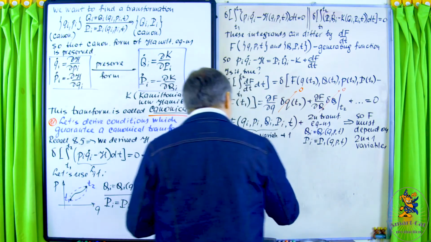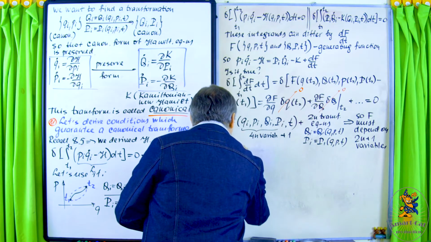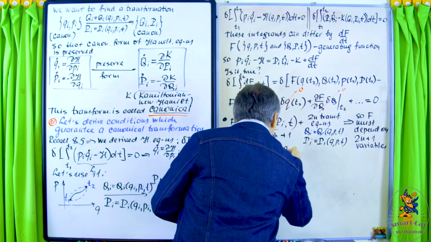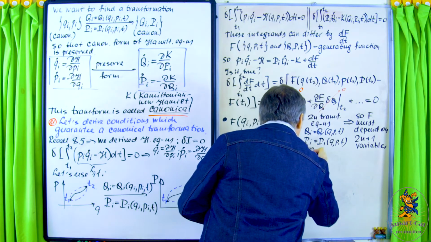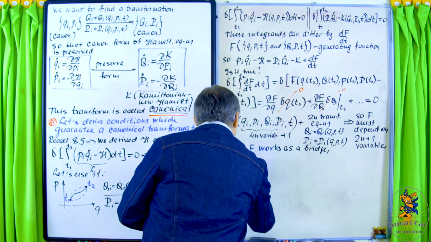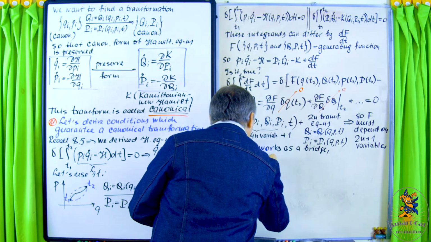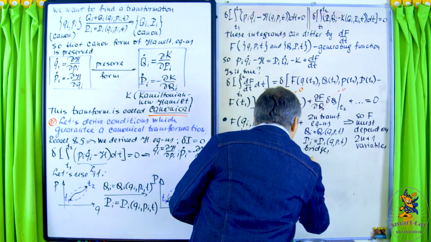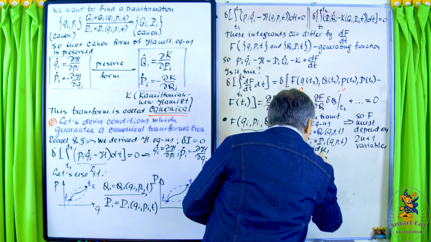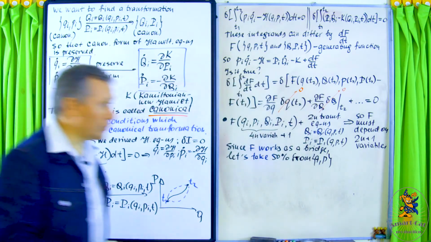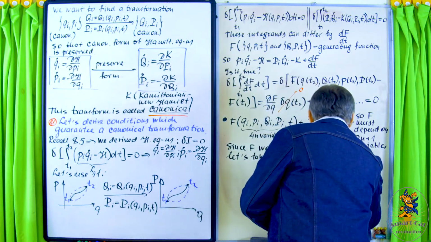Right, so since f works as a bridge, let's take 50% from q small, p small, and 50% from Q capital, P capital.